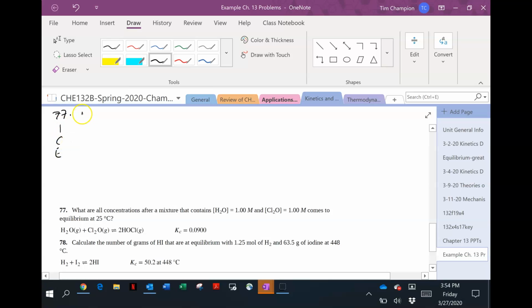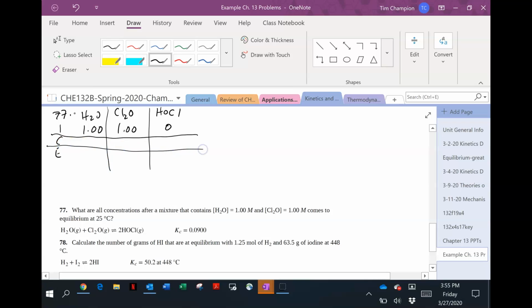We'll have H2O, Cl2O, and HOCl. And initially we've got 1 molar of this, 1 molar of that, and 0 HOCl. They don't actually come out and say that, but that's what's implied, that the mixture starts off with just the reactants.